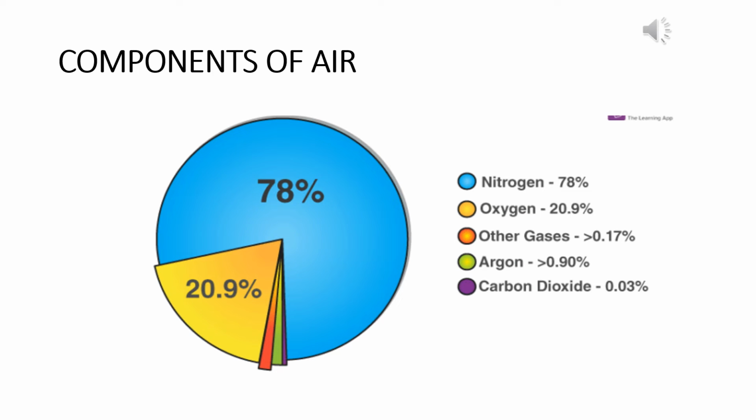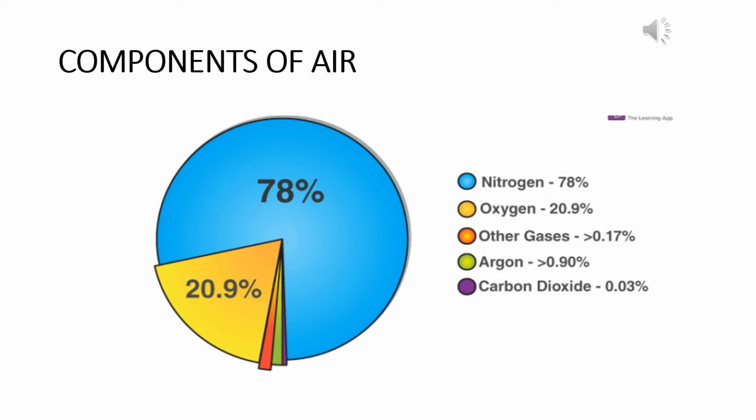The components of the air vary with different conditions, but on the whole we can separate the components. In a pie chart, it would look like this: 78%, the blue portion, which is almost 4/5 of the whole air composition, is nitrogen gas, which is the inactive component of the air.